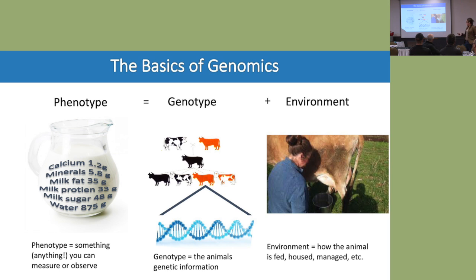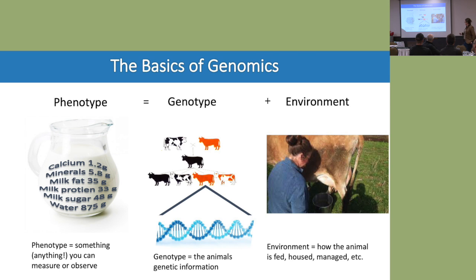So today, we can measure the phenotype really exactly, right? There was a whole bunch of conversations this morning and talk about SNF, and protein and fat content and lactose and all that lovely stuff. We can measure a heck of a lot more than we used to be able to measure, and a hell of a lot more accurately as well. With regards to the genotype, now we can actually look at the animal's DNA.